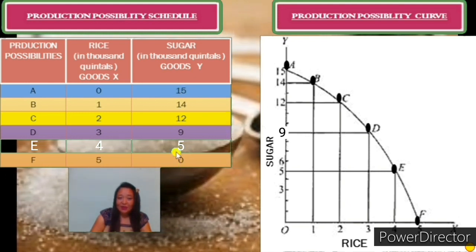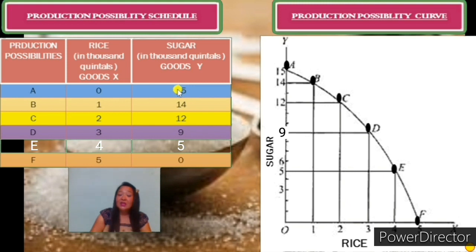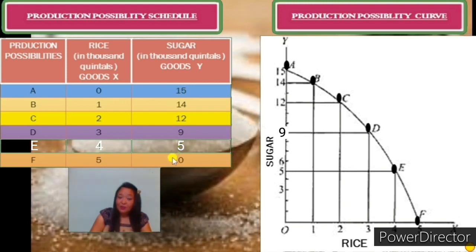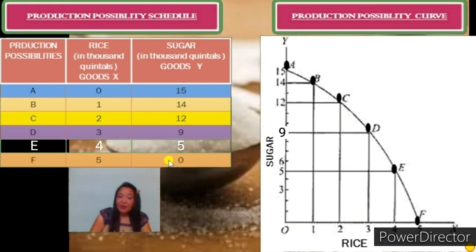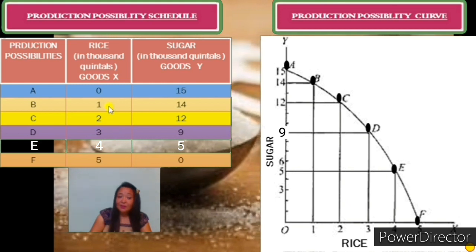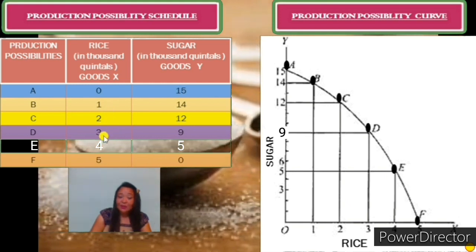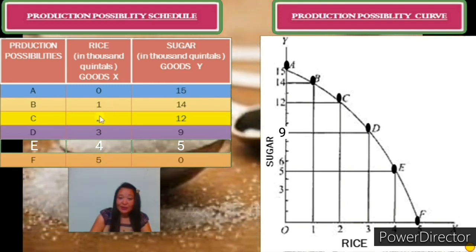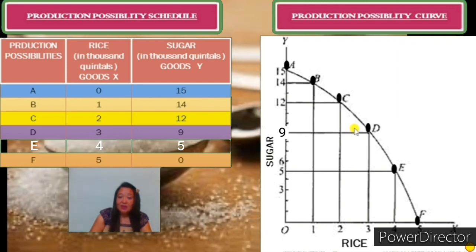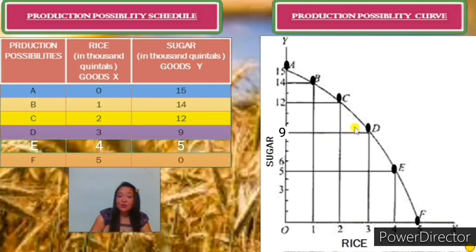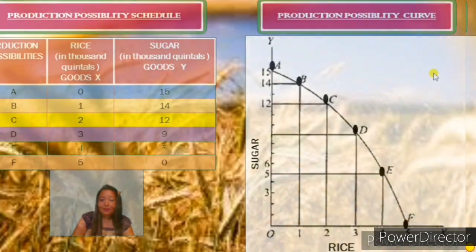And when there is a continuous sacrifice in the production of sugar, there was a continuous increase in the production of rice. With the help of this schedule and graph, we saw that the continuous sacrifice in the production of sugar has led to the increase in the production of rice.